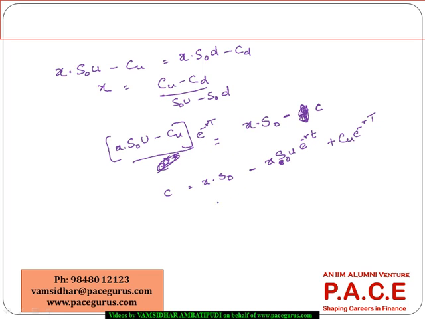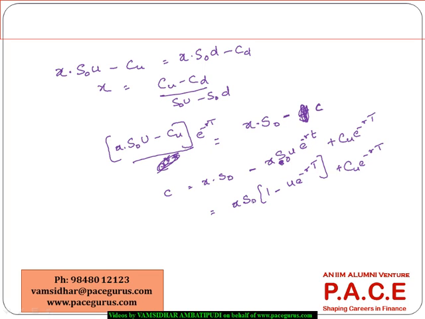So based on this, I could simplify it as X S naught into 1 minus U e power minus RT plus CU e power minus RT.